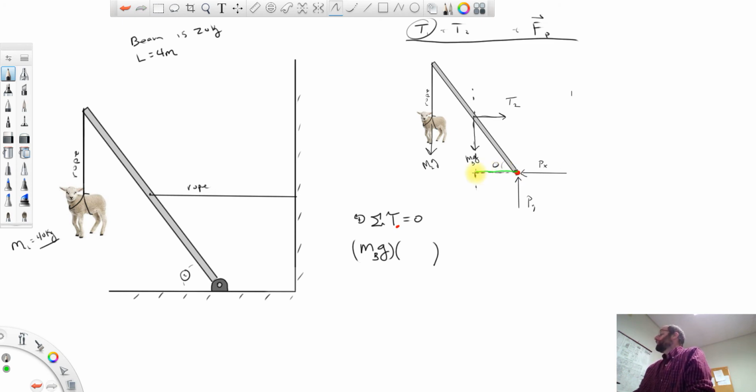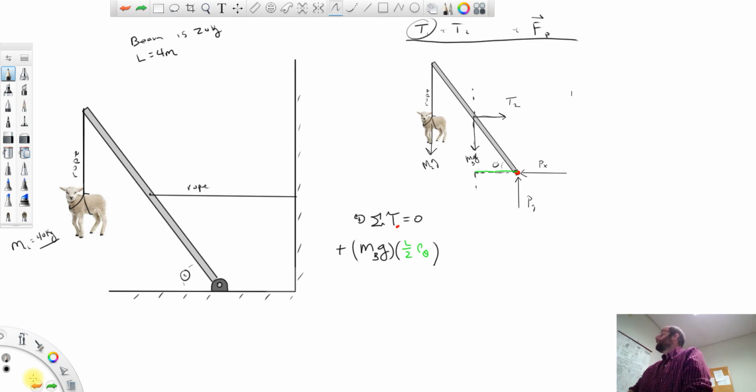From this right triangle, the hypotenuse would be half the length. So that green distance is equal to L over 2 times cosine theta, where theta is some angle, presumably given in whatever problem you're working on. This torque term is positive because this force makes this beam want to rotate counterclockwise about that point.